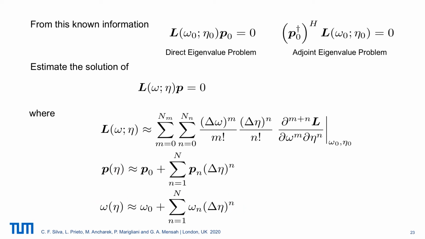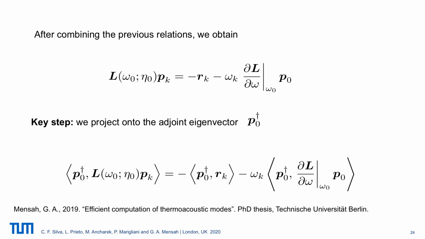Before we just had a first order power series, now we have an n order power series. And here we also have a high order Taylor expansion. But the procedure remains similar. We just put all these three quantities inside the definition of the eigenvalue problem. And this is what is obtained.